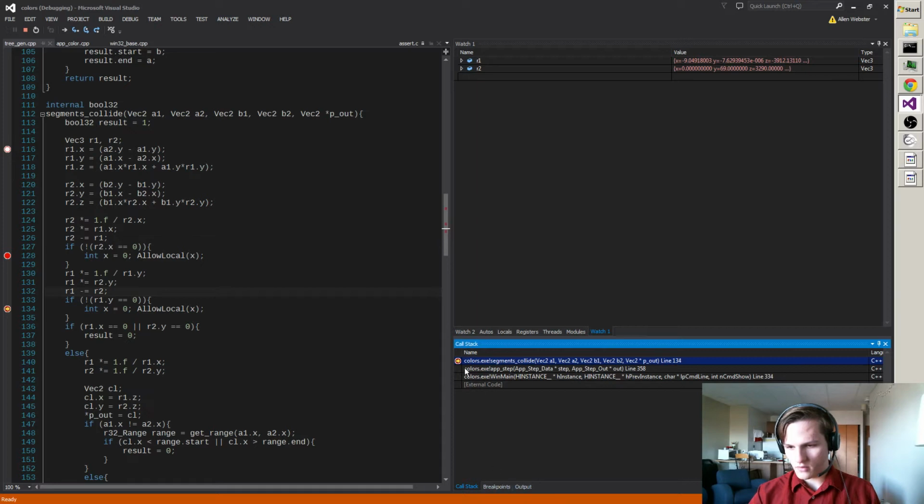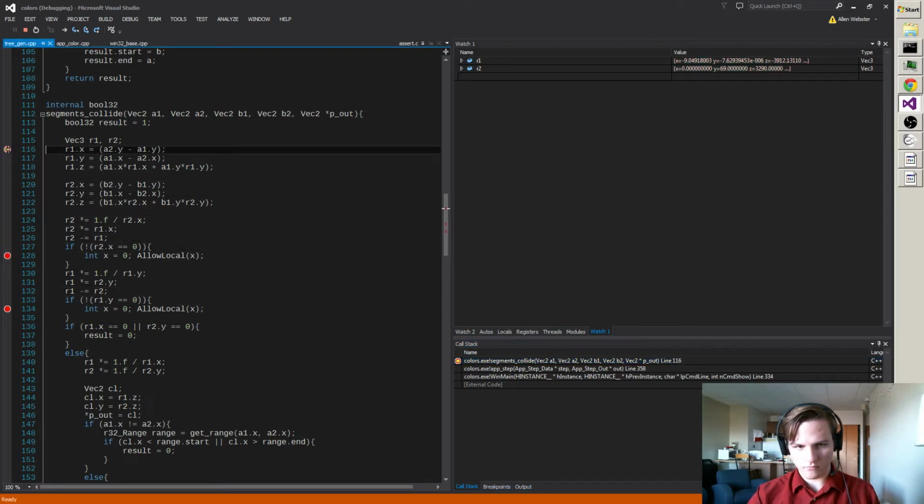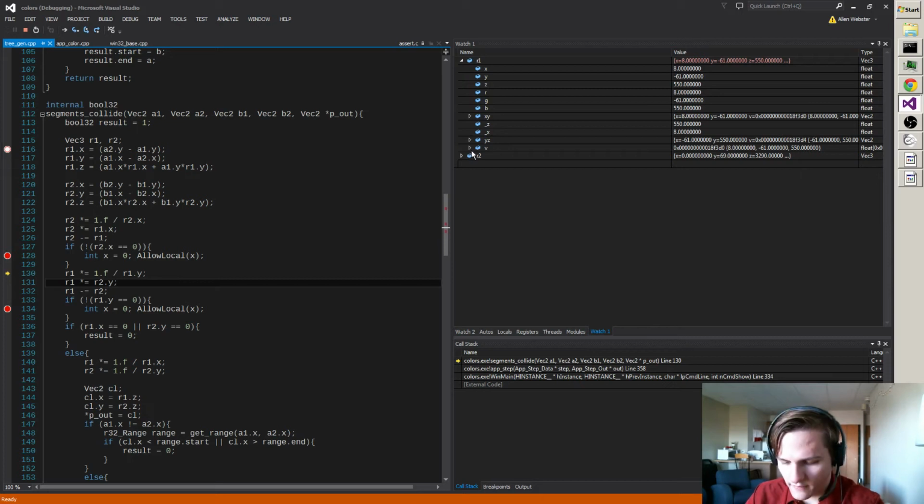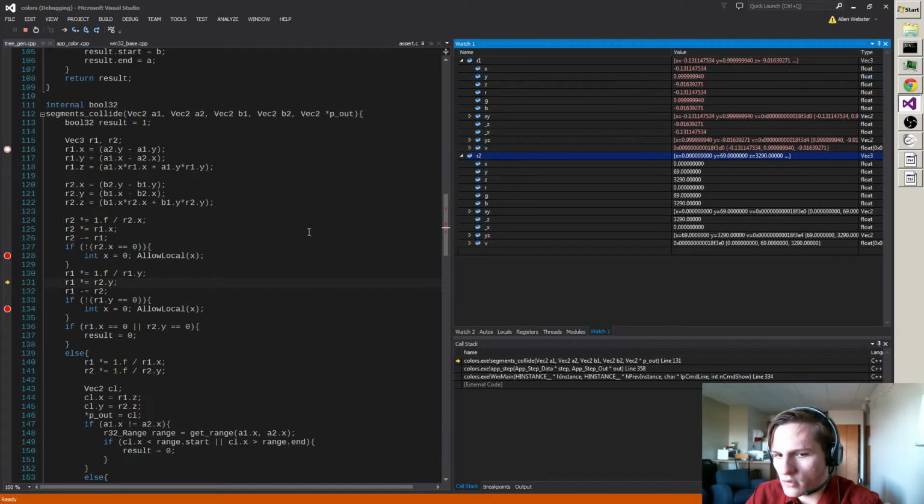So, let me walk through it. R1 is negative 61, and after that multiplication, it's a little bit less than 1.